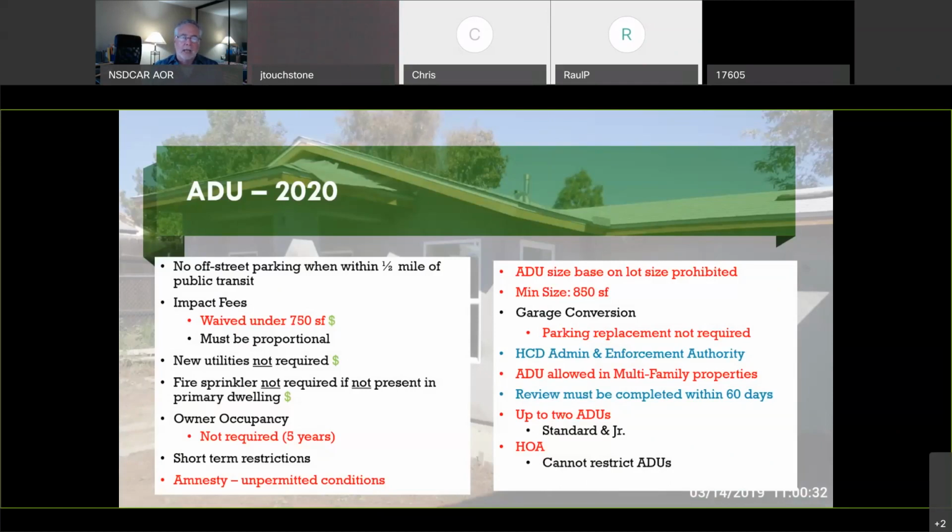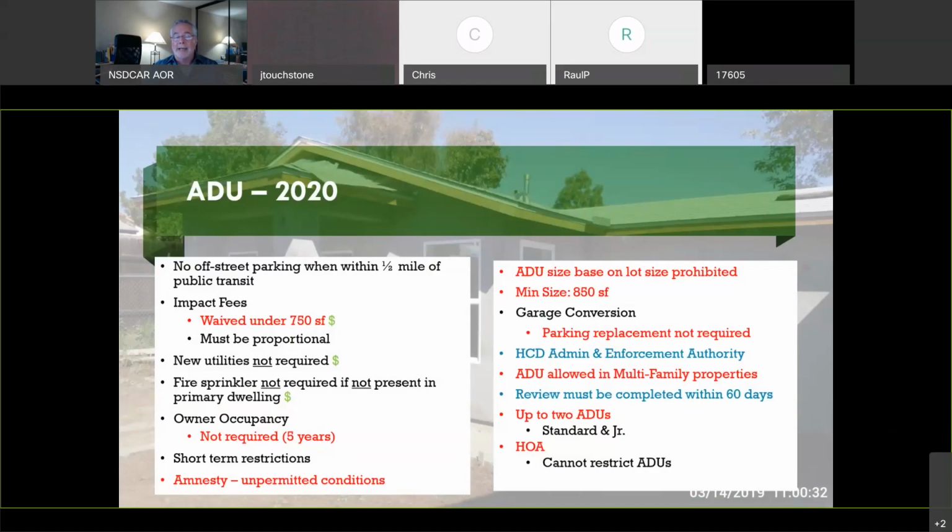So legislation came in and basically waived impact fees under 750 square feet. That's a statewide mandate, and anything above that had to be proportional. Nothing new with the new utilities, fire sprinklers, owner occupancy. Now owner occupancy has been removed. That's basically going to expire in 5 years.